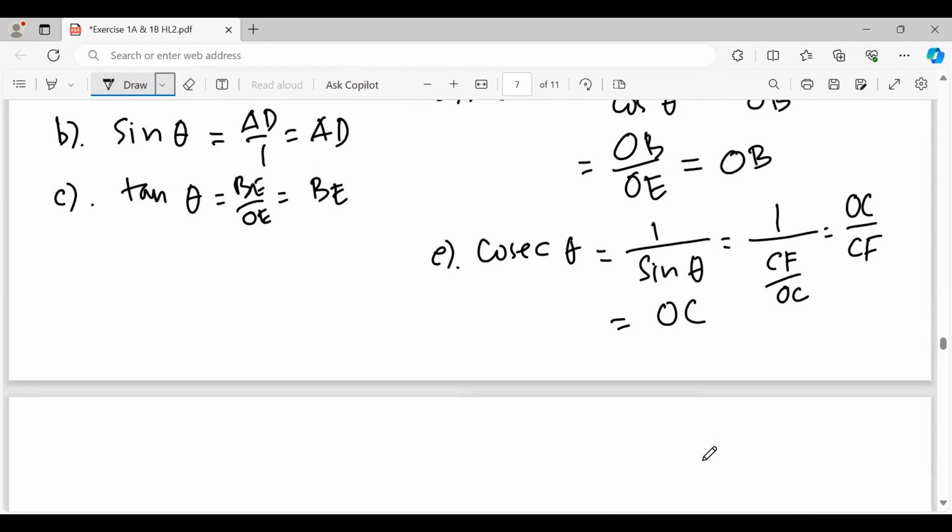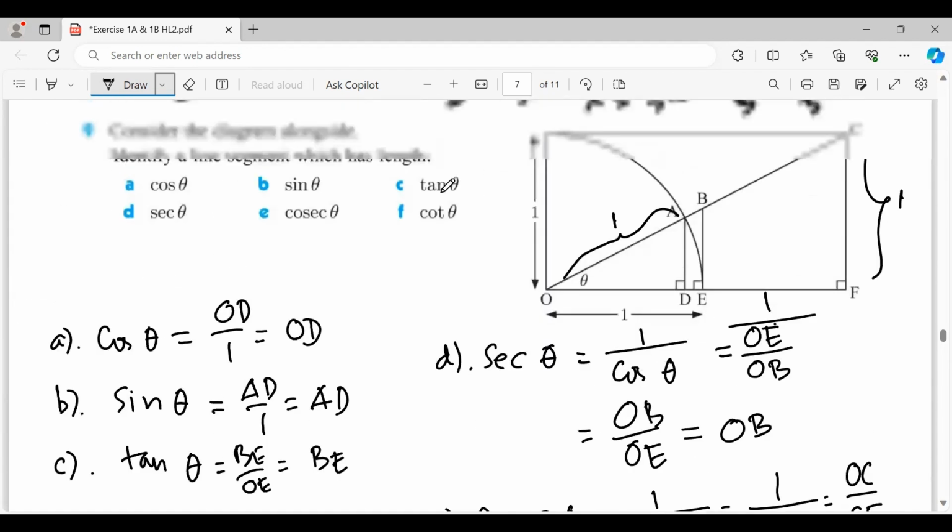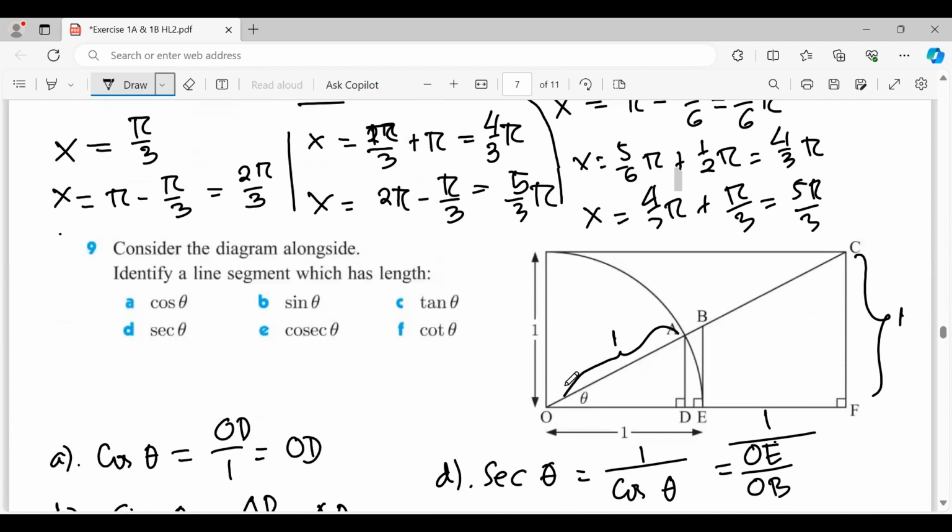Cotangent theta. Cotangent theta equals 1 over tangent theta. Let me look, tangent theta is CF over OF.